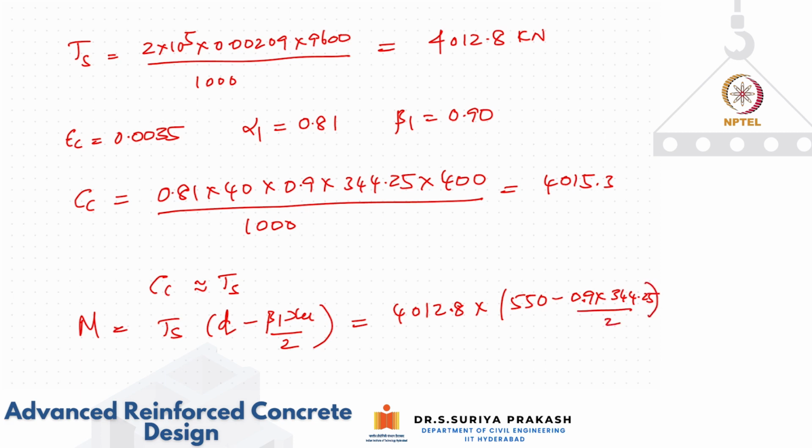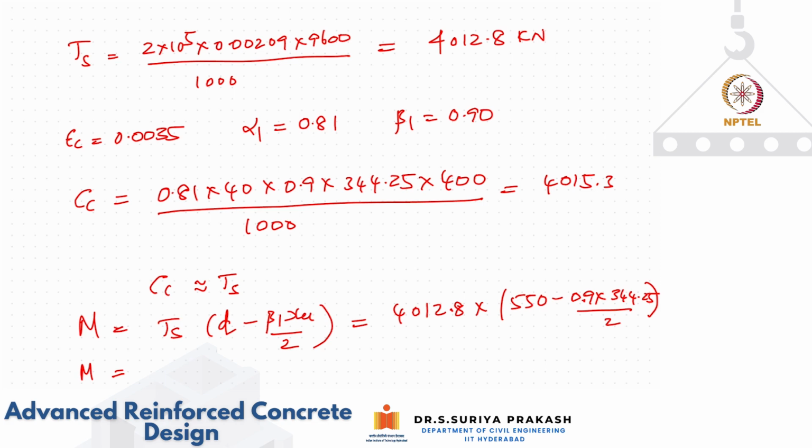So if you substitute that, M is equal to 4012.8 multiplied by 550 minus 0.9 times 344.25 divided by 2, and again divided by 1000.